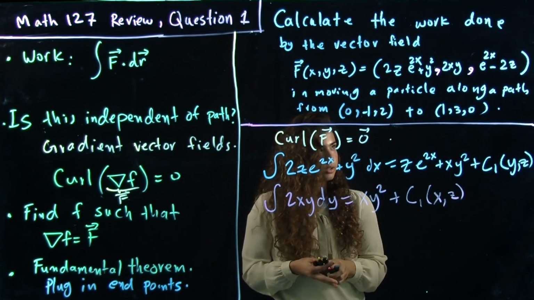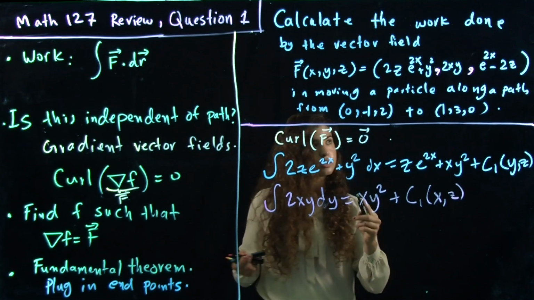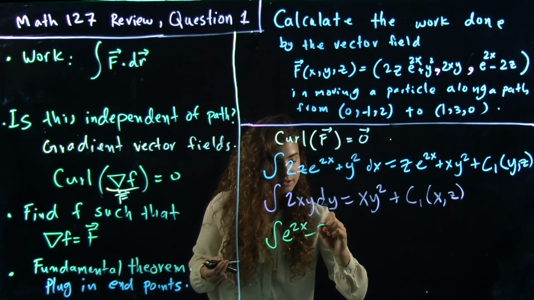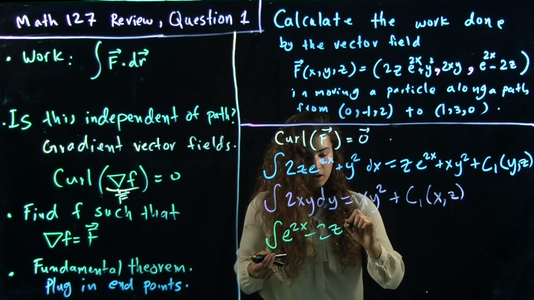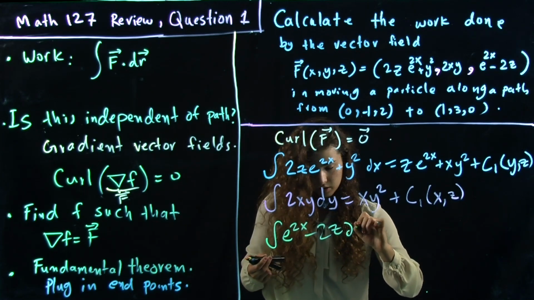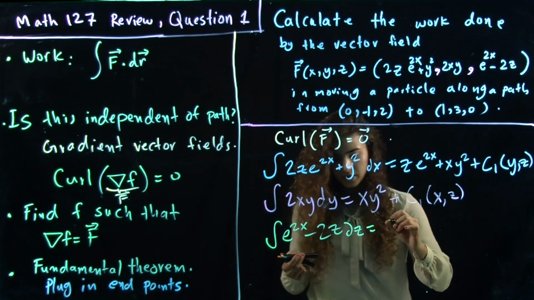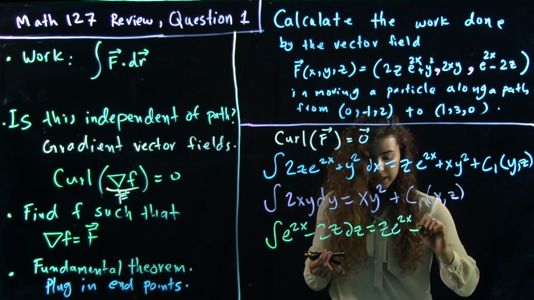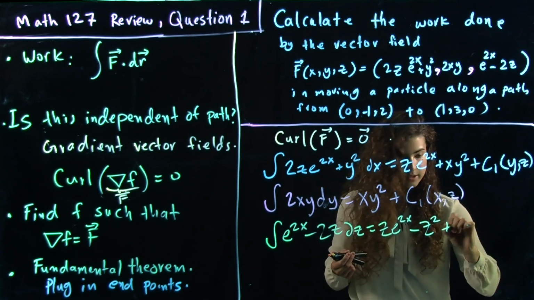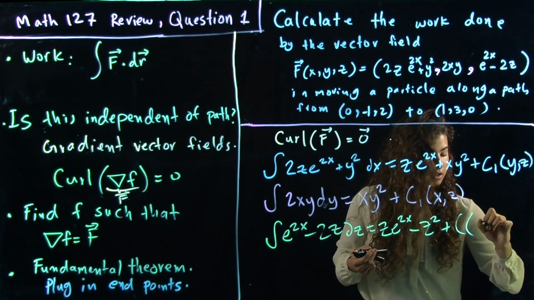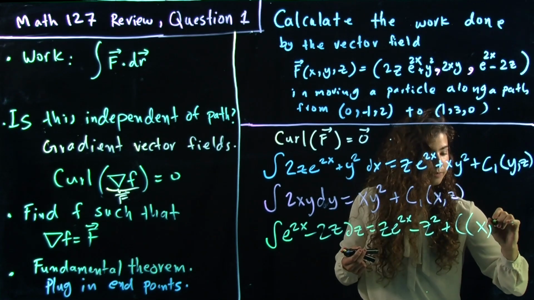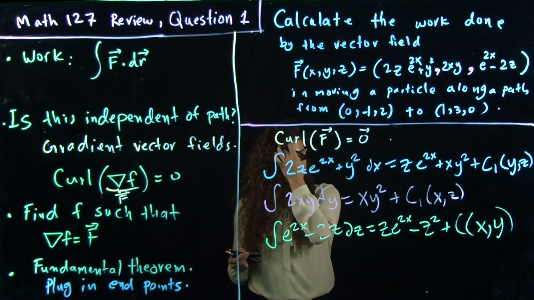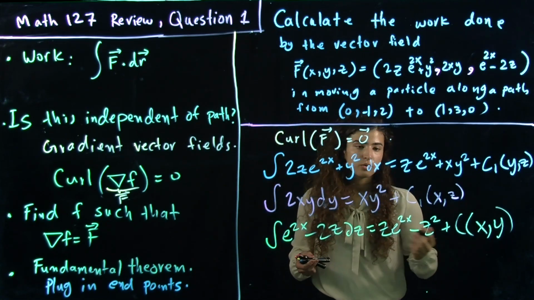And finally, we will take the integral of the third component, e to the 2x minus 2z with respect to z. And so that would be z e to the 2x minus z squared plus some constant in x and y.